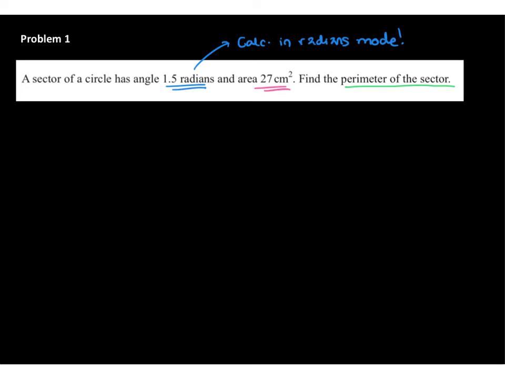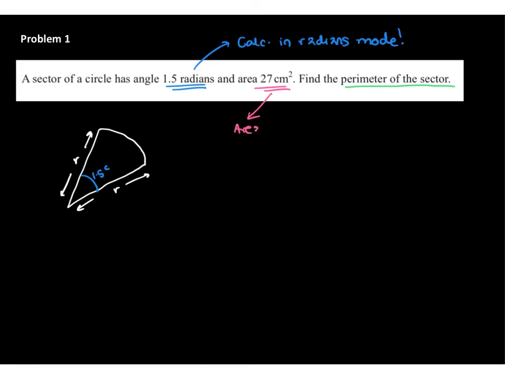So we need to start off by sketching the sector of our circle. So we know that the angle here is 1.5 radians. So you can see the question uses the word radian here just to be really clear which unit we're working in. And we don't know what the radius of this is. All we know is that the area is 27 centimetres squared.